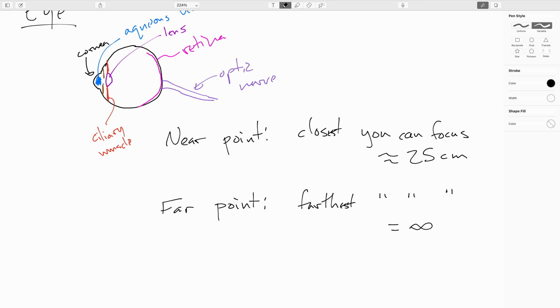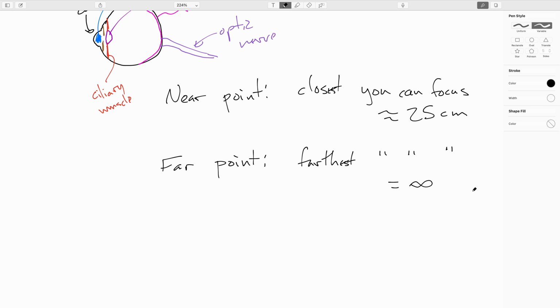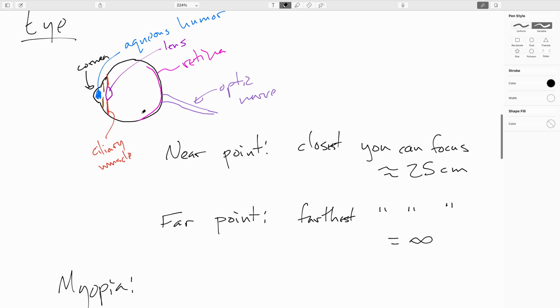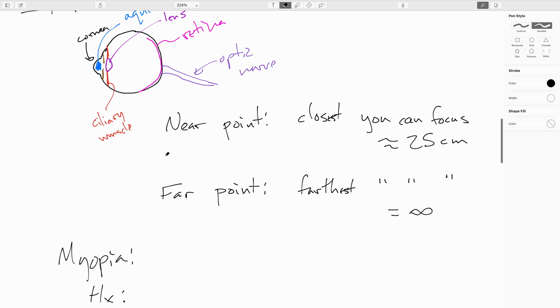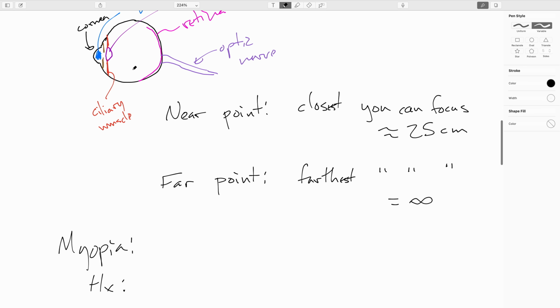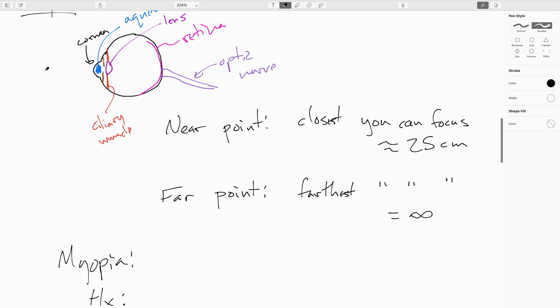So now, what if you've got vision conditions? Let's start with myopia. The patient history for myopia is that the shape of their eye has changed such that they can no longer bring images to focus.